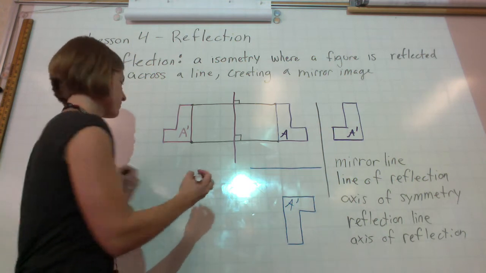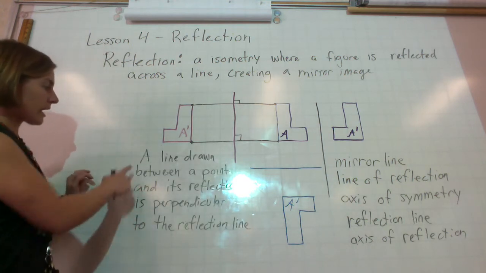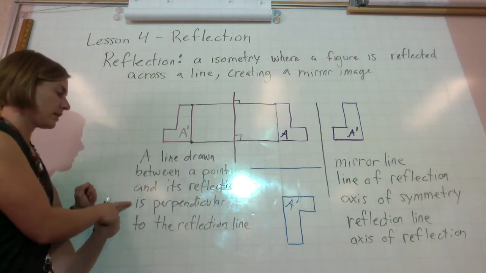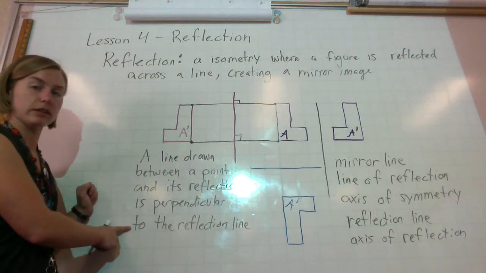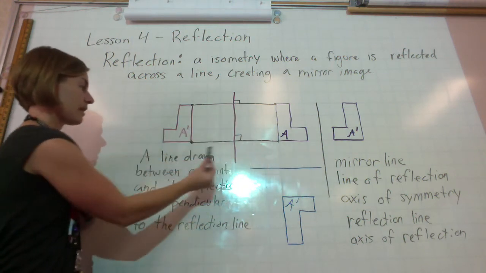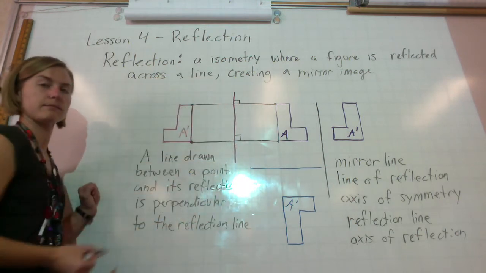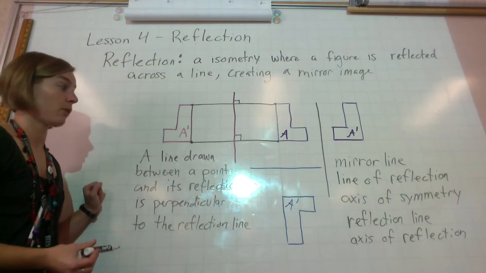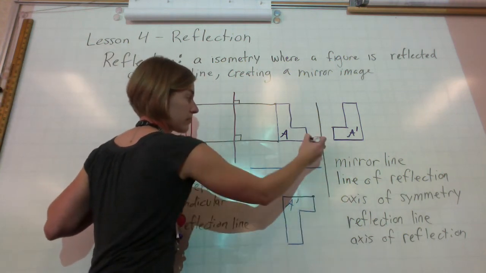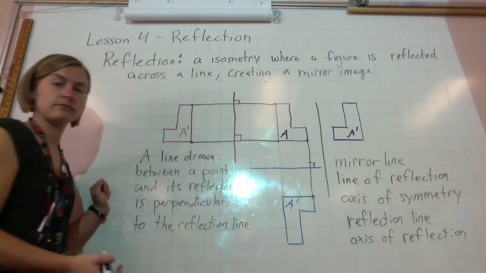So let's write that down. Okay, and I apologize that that's kind of hard to see. A line drawn between a point and its reflection is perpendicular to the reflection line. And that's going to be true always. See, even if I did it over here, the original point to the reflected point, these lines are perpendicular.